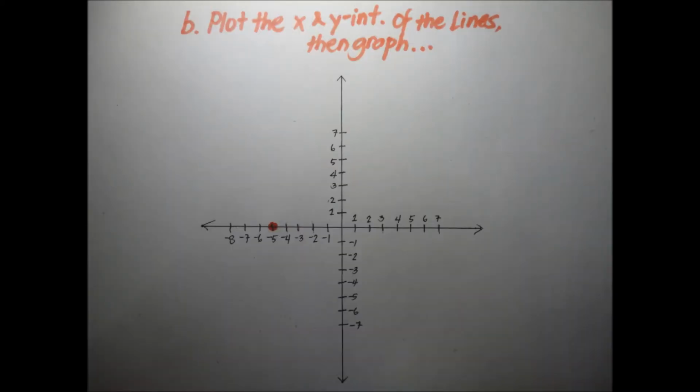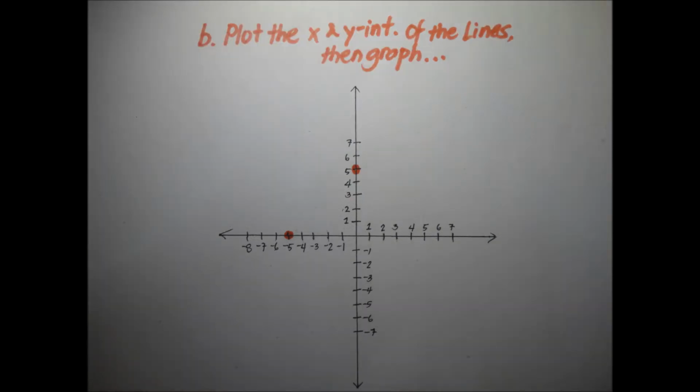As you can see here, we have plotted the x-intercept of the first line, y equals x plus 5, on the x-axis. The next thing we did is plot the y-intercept of the first line, y equals x plus 5, but this time it is on the y-axis.